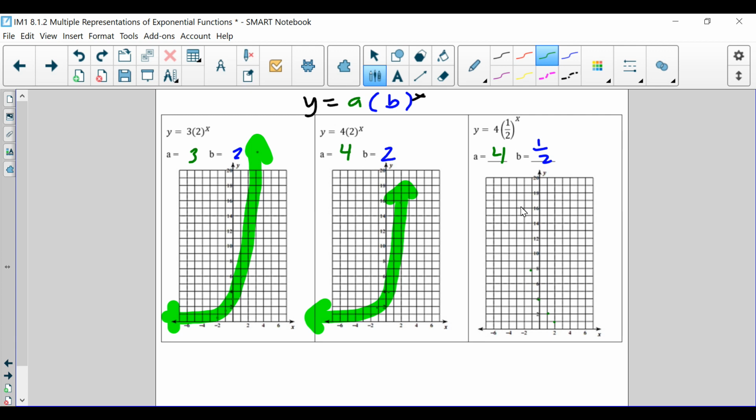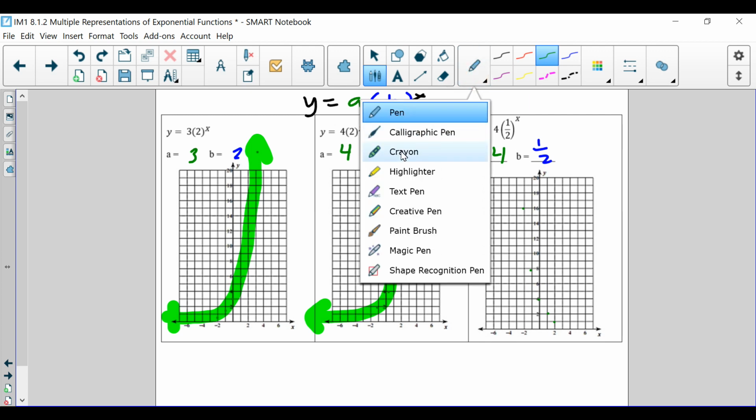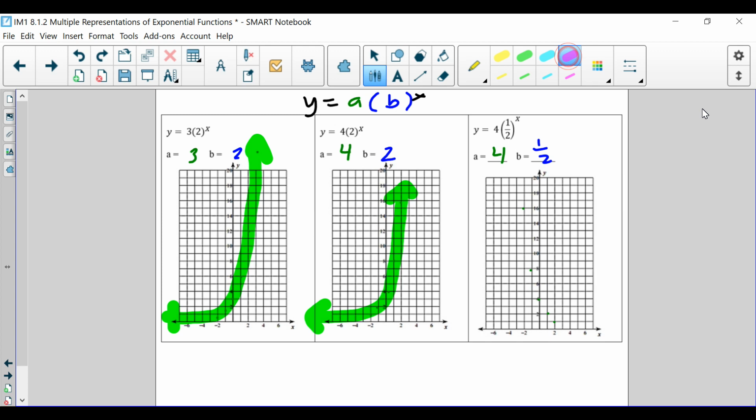Double 8 would be here. So when you notice that the base value is a fraction, we can't actually make it increasing. This is actually a decreasing graph. So I'm going to highlight that. Notice our points here. We're going to highlight, go all the way down, so it looks like this.